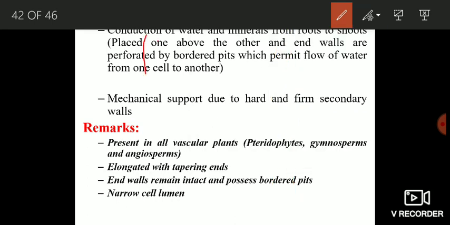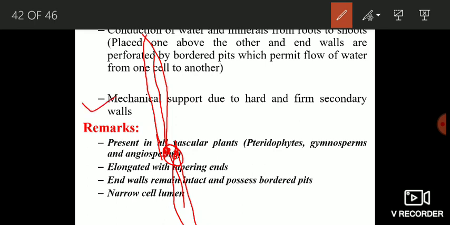Here you have one tracheid, we have another tracheid here, okay. At this tapering end, this possesses a bordered pit and this also possesses a bordered pit, okay, and these bordered pits form a bordered pit pair, and because of this bordered pit pair, there is translocation, there is flow of materials, water and minerals from this tracheid to this tracheid, okay.